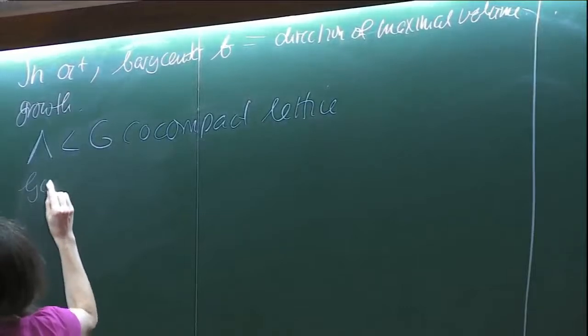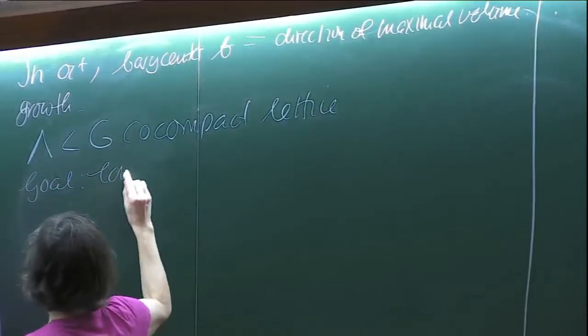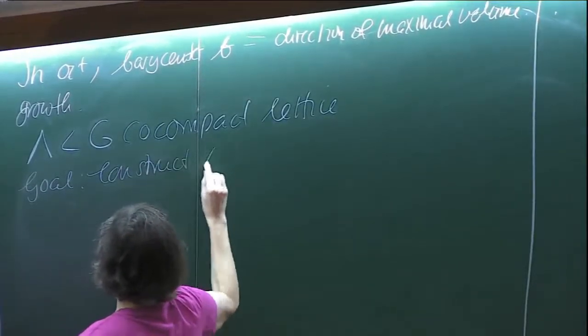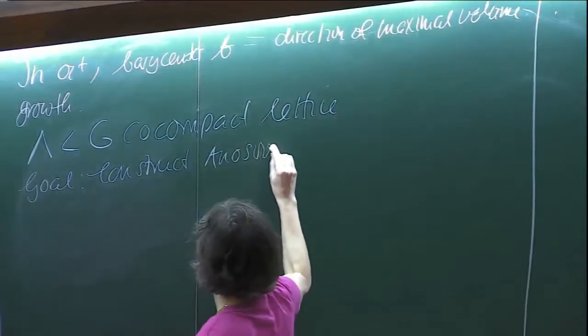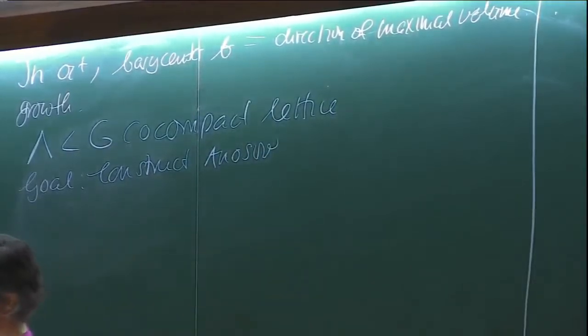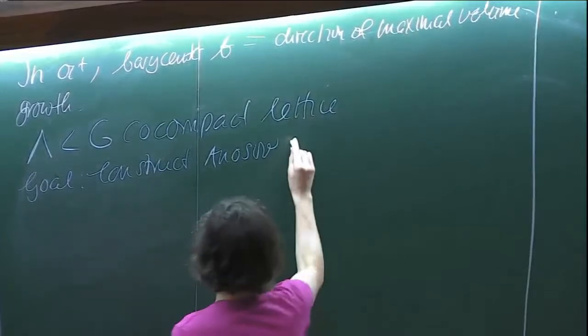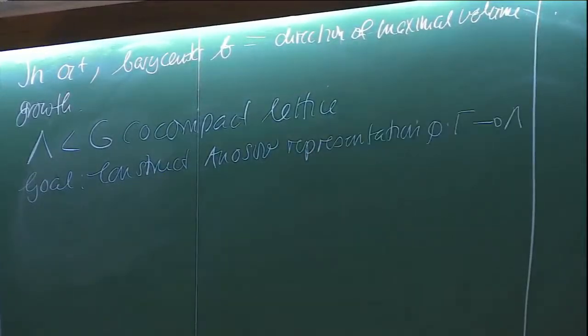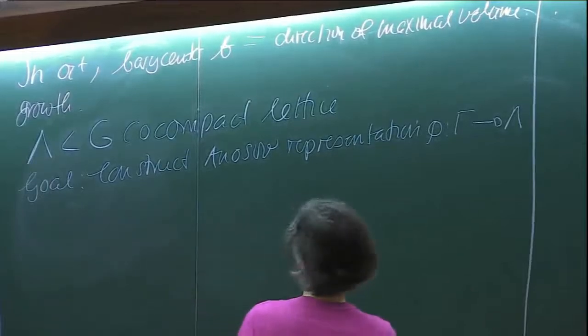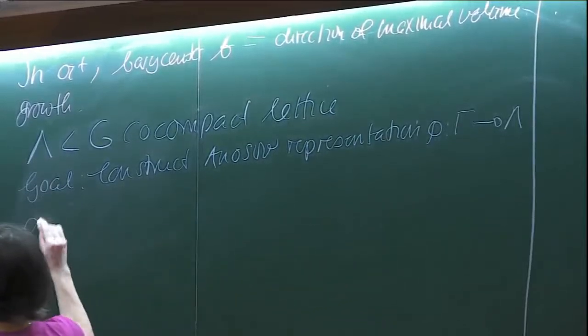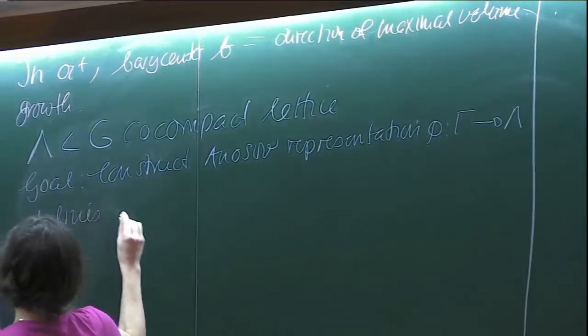So the goal will be to construct an Anosov representation of the surface group Gamma into G, whose image is contained in this Lambda. All Anosov representations are discrete and faithful, and this defines a special point.